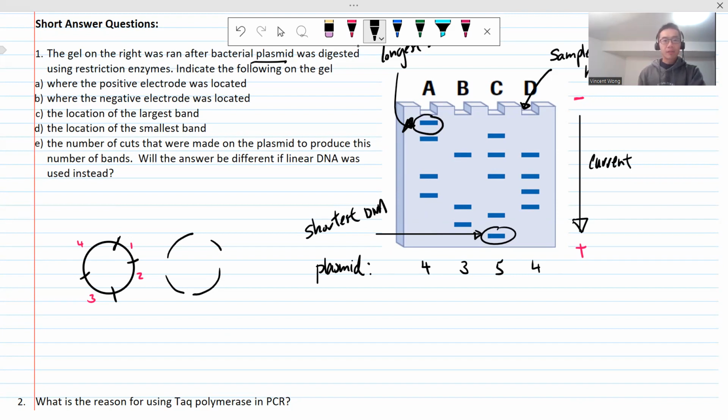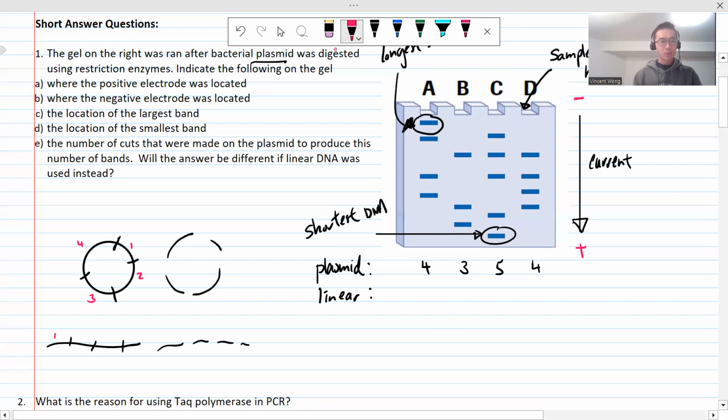Will the answer be different if linear DNA was used instead? This is linear DNA if it's a straight line. If the DNA is not in a circle, then how many cuts do you need to create 4 bands? Well, you actually only need 3 cuts. If you cut it 3 times, then you have 4 bands, 1, 2, 3, 4.